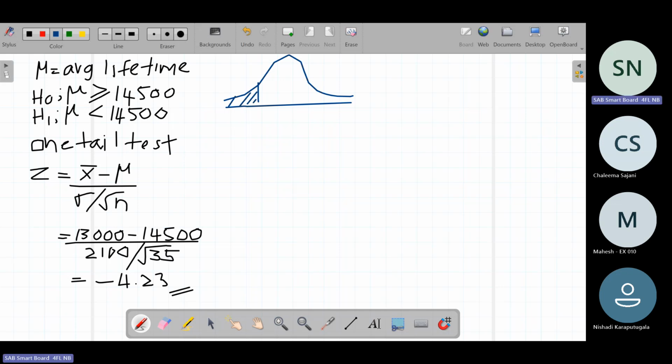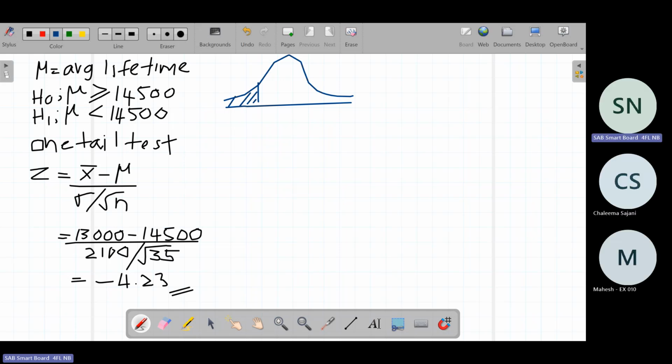The level of significance means the area of the rejection region, the shaded region. What is it? 1%. So this probability is 1%.